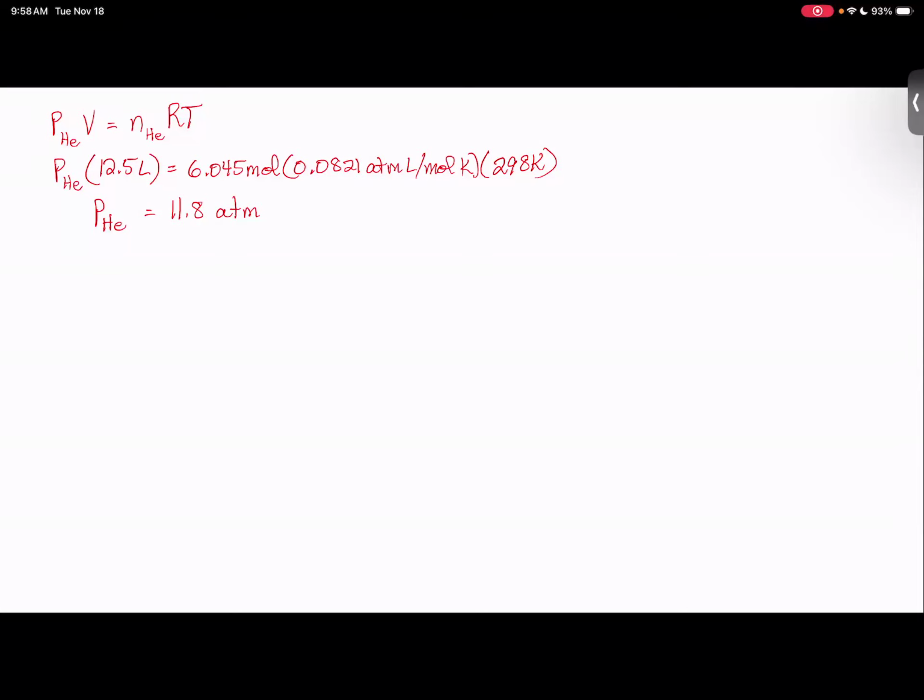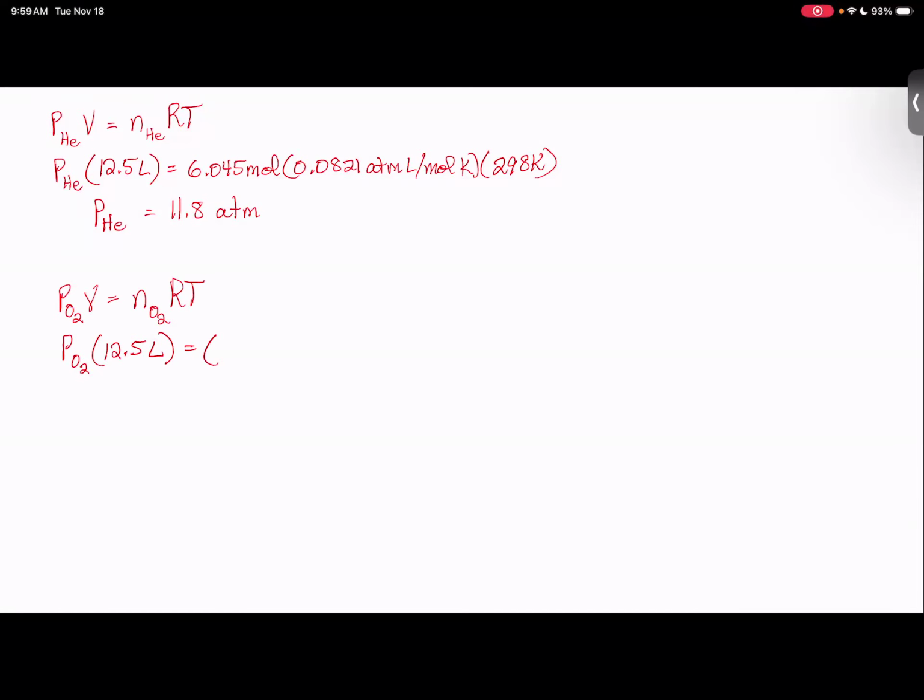Okay, for the oxygen, the pressure of the oxygen times the volume is equal to the moles of oxygen times RT, where the pressure of the oxygen is what we want to calculate with a total volume of 12.5 liters.